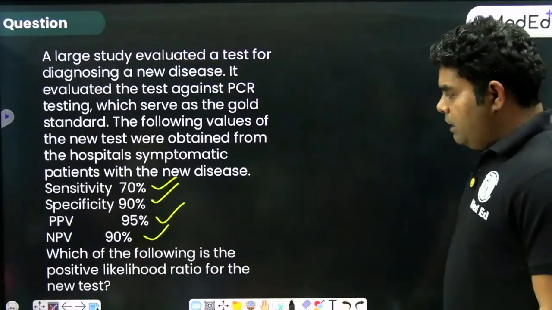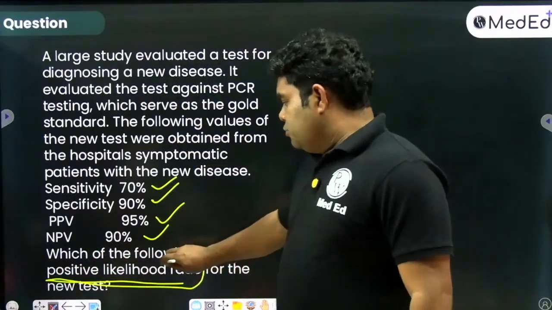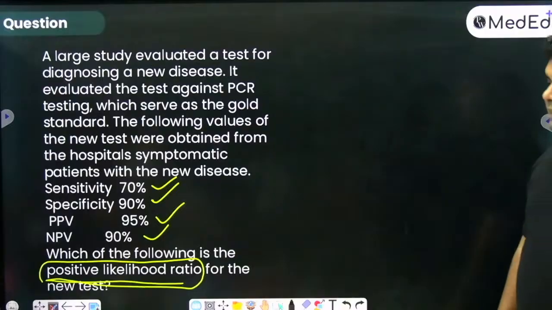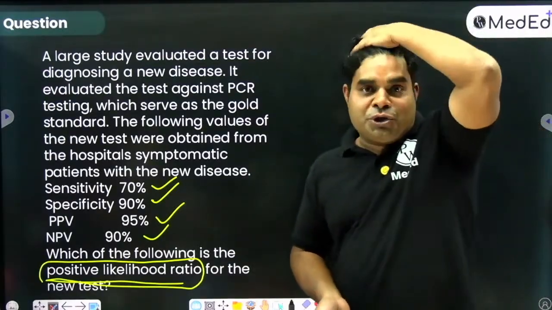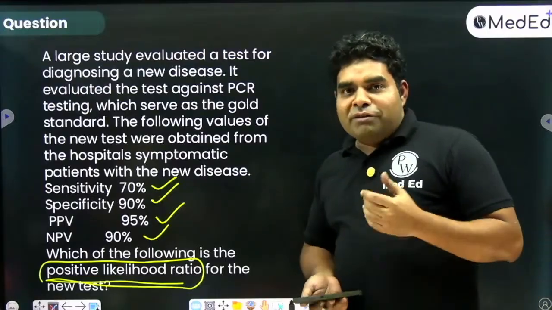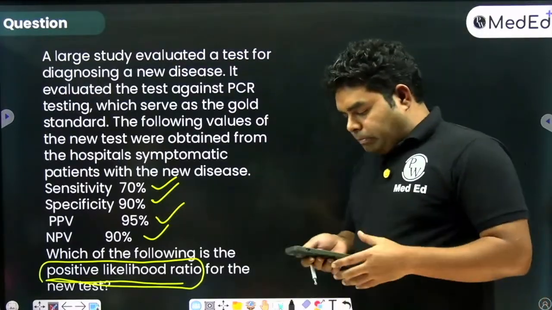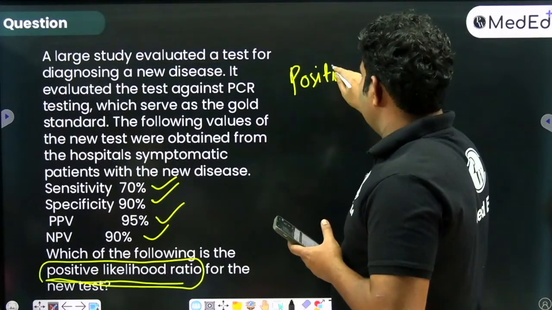Now they are asking about positive likelihood ratio. The positive likelihood ratio formula is something which is remembered by only few students. And if you don't know the formula, you cannot find positive likelihood ratio. So let me tell you the formula of positive and negative likelihood ratio.